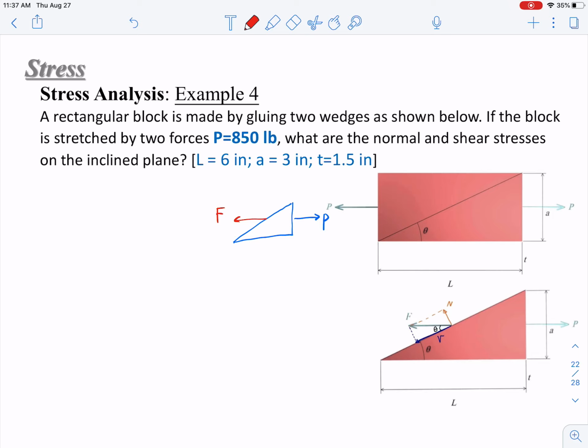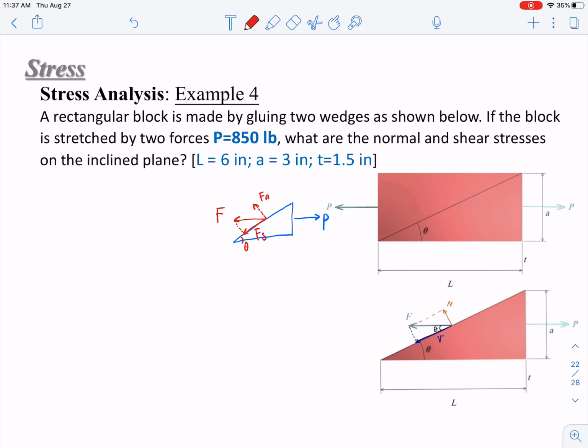One perpendicular to the inclined plane, which we call Fn, and another parallel to the inclined plane, which we call Fs.